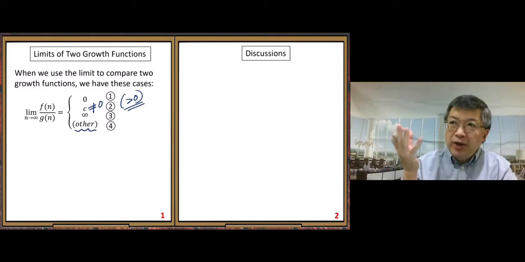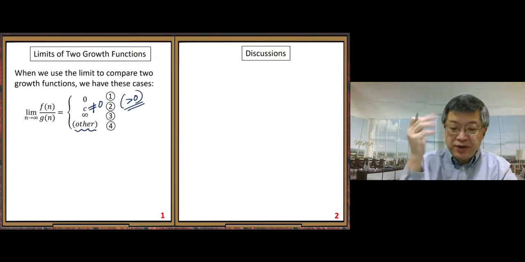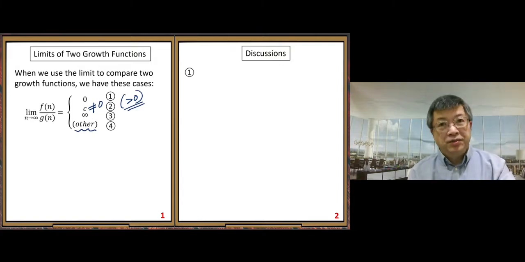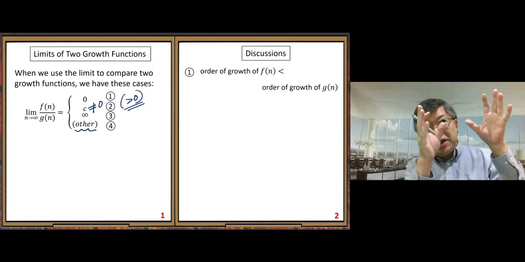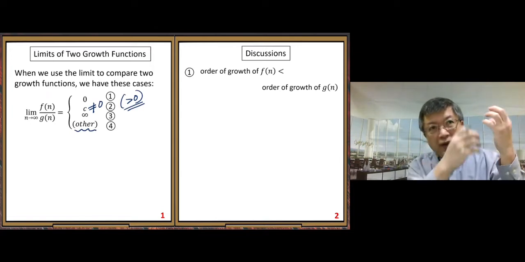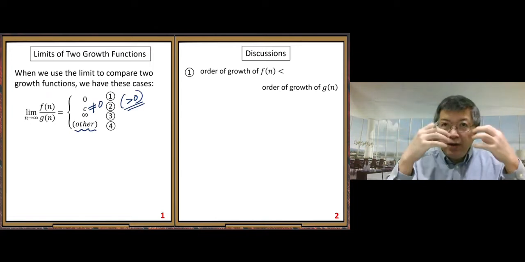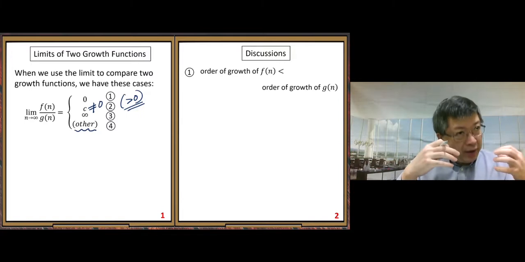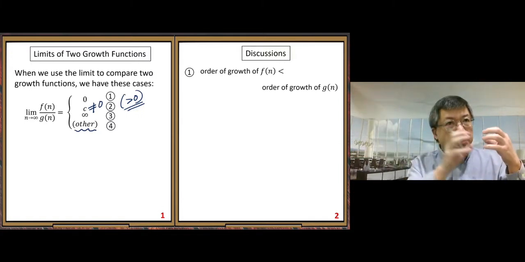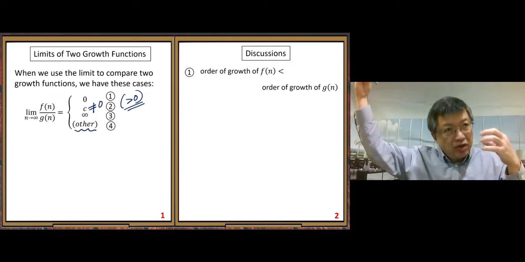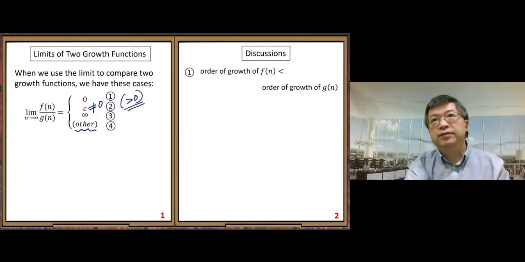What information do we get for these four cases? The first case: because the limit of the numerator over the denominator approaches 0 when n goes to infinity, definitely the denominator increases much faster than the numerator.